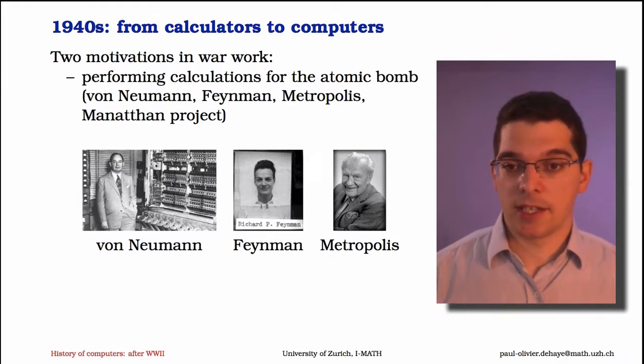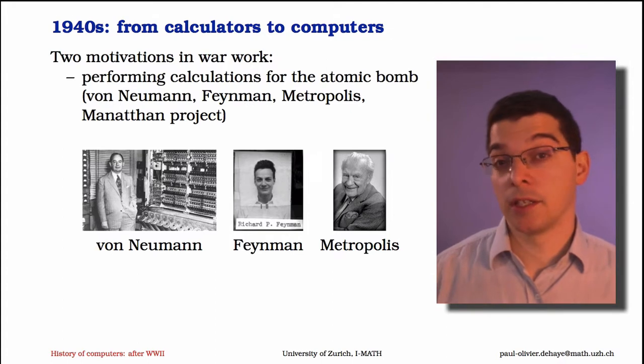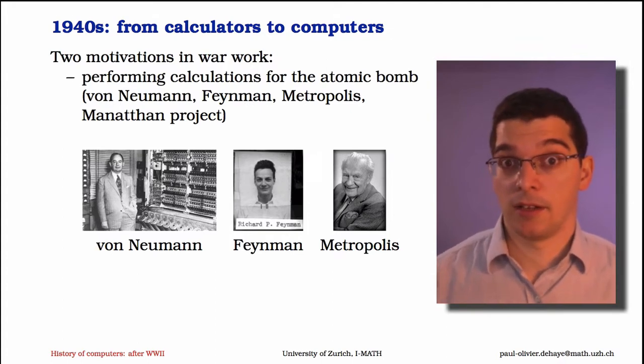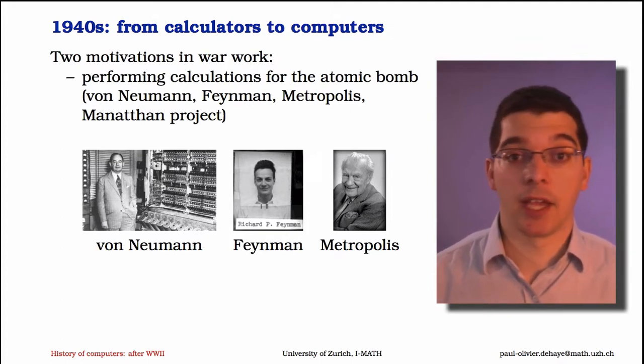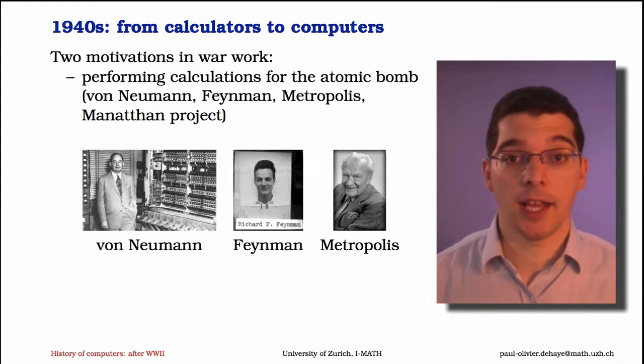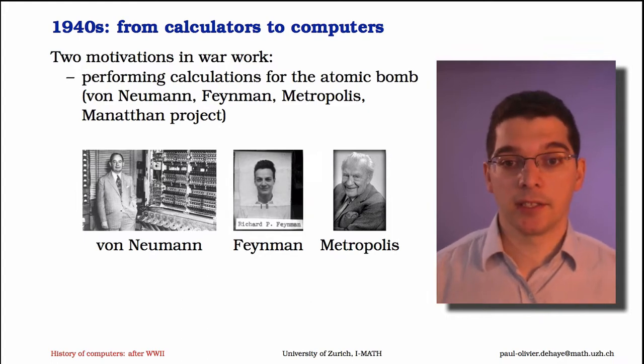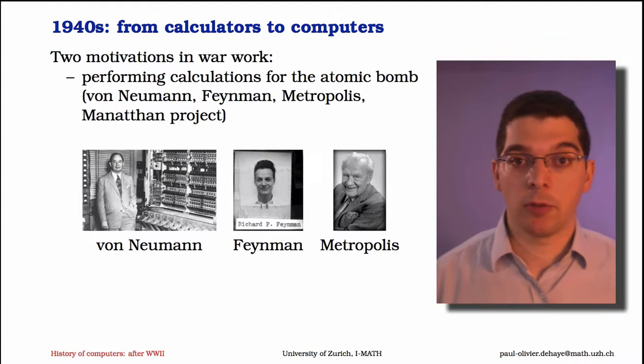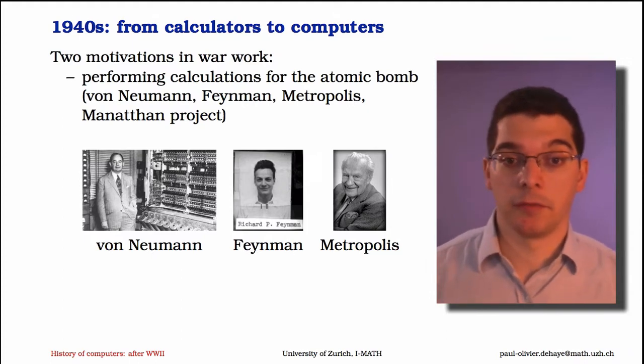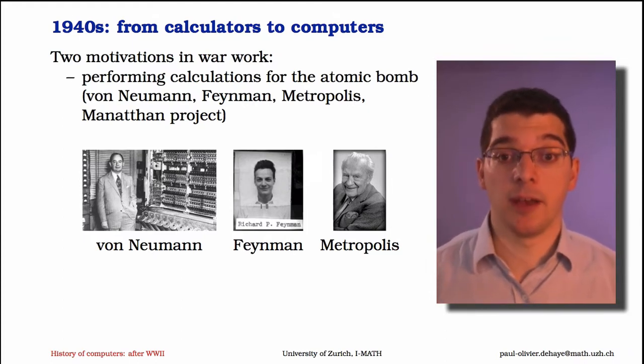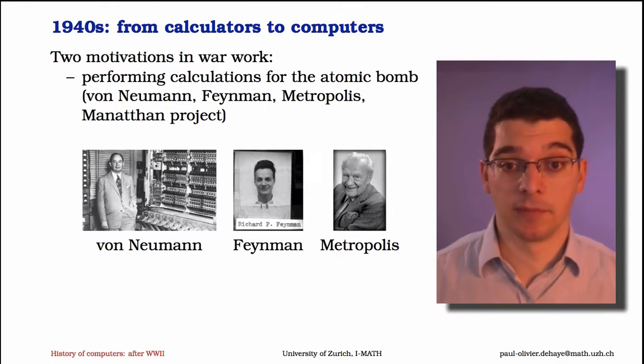What happened is that von Neumann was building a computer, something like an electromechanical Pascaline, on the East Coast. And Feynman and Metropolis wanted to perform computations for simulations of what would happen when an atomic bomb explodes.